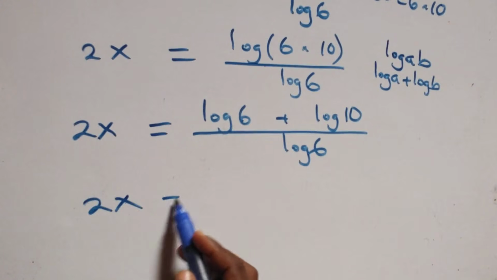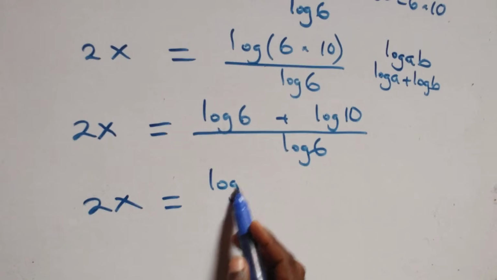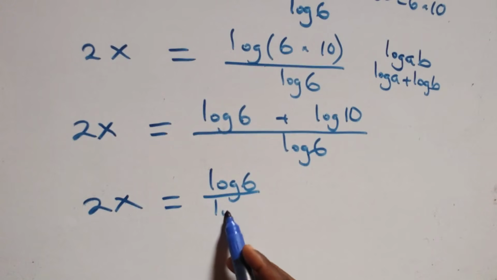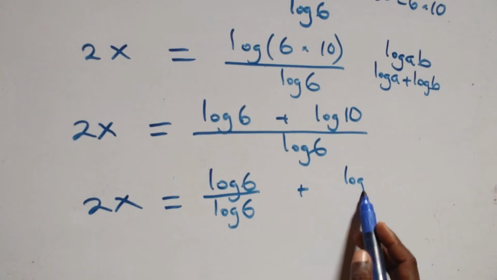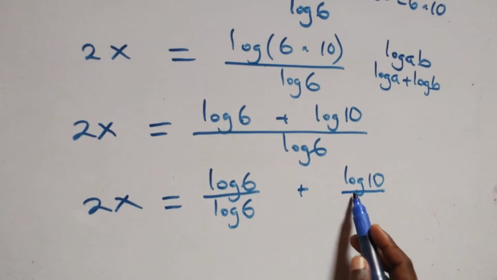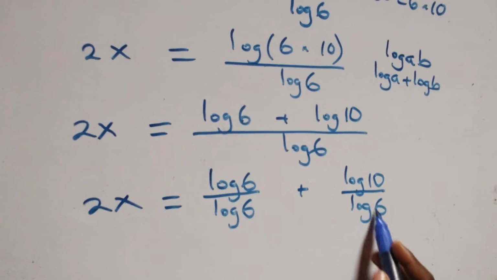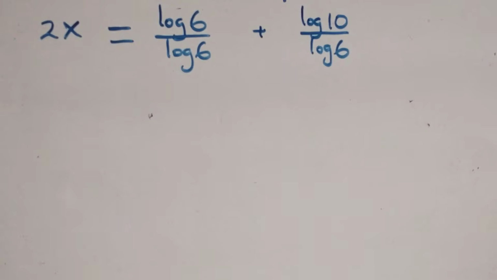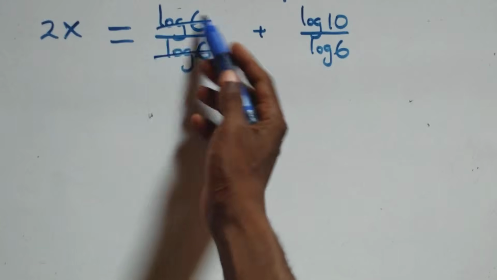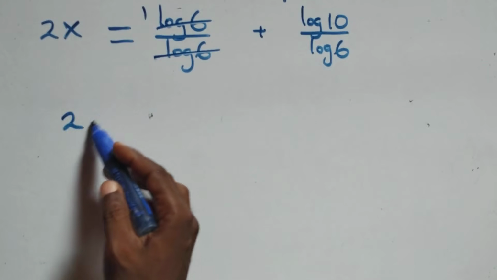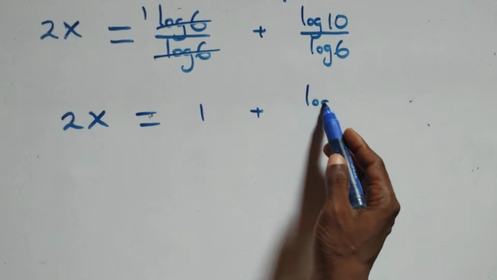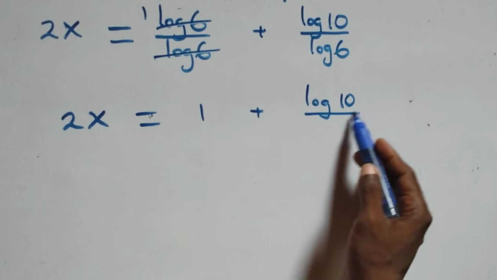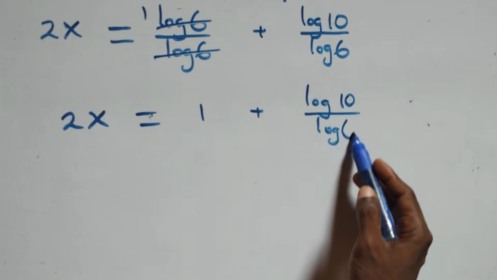We have 2x equals log 6 over log 6 plus log 10 over log 6. Then the log 6 cancel each other here. One is left, and we have 2x equals 1 plus log 10 over log 6.